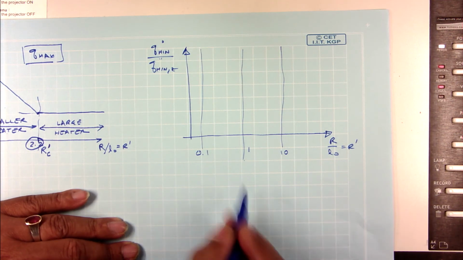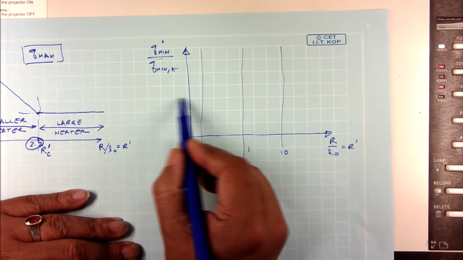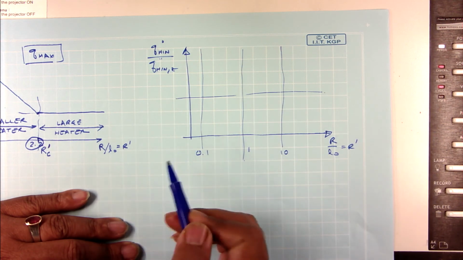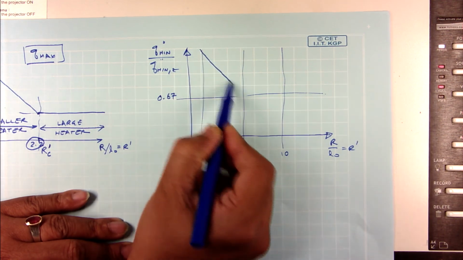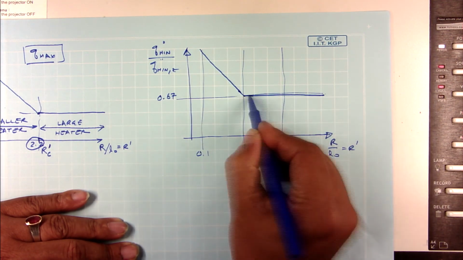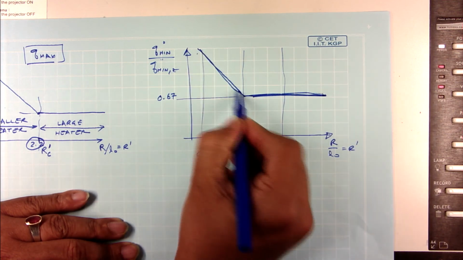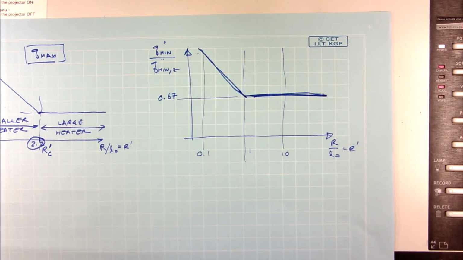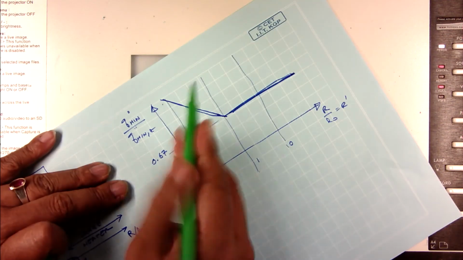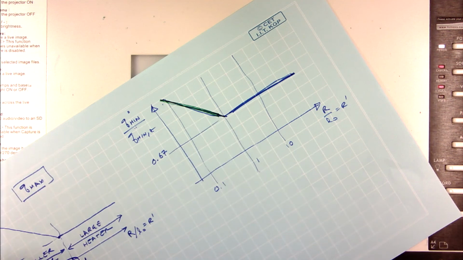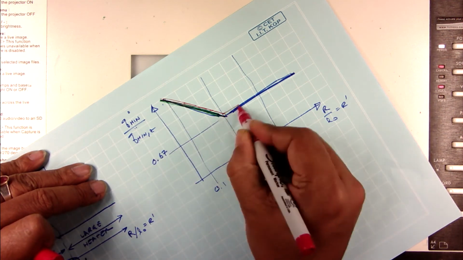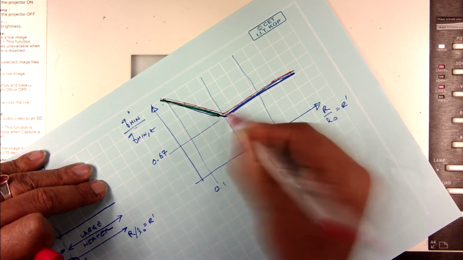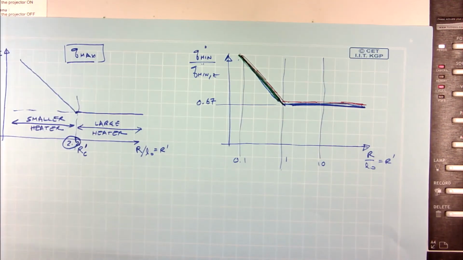Okay. So, interestingly what happens is this is about 0.67. That is how the graph looks like. Actually, let me do it with red. That is how the graph looks like.